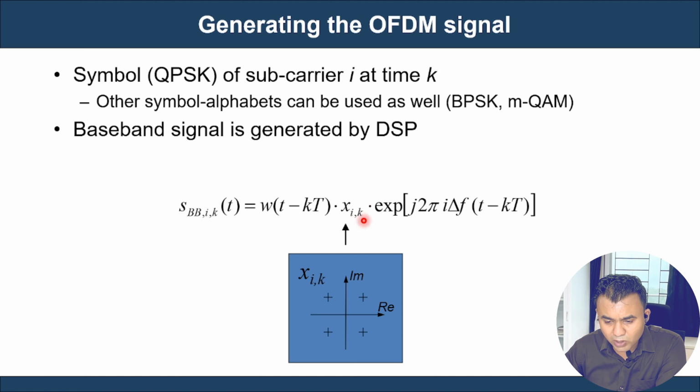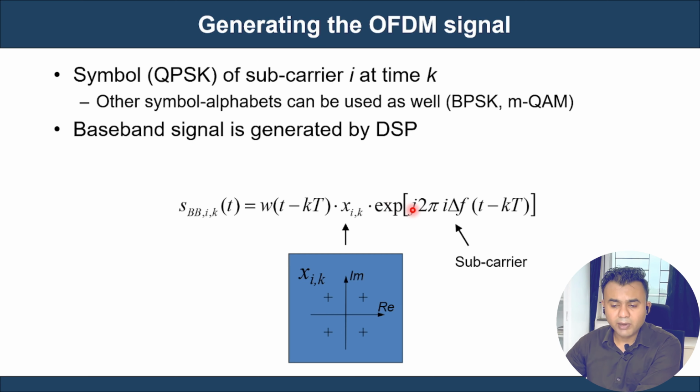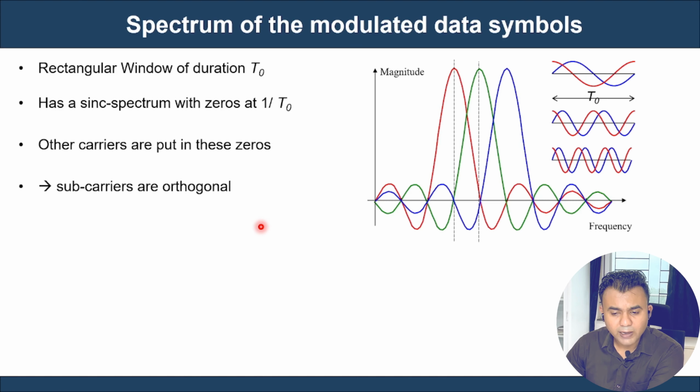This particular symbol goes on that particular carrier. The next symbol goes on the next carrier, and the next symbol goes on the next carrier. That's how I am splitting and putting them on OFDM. This is my subcarrier, and this is my window function.